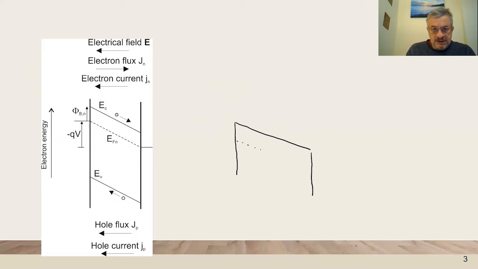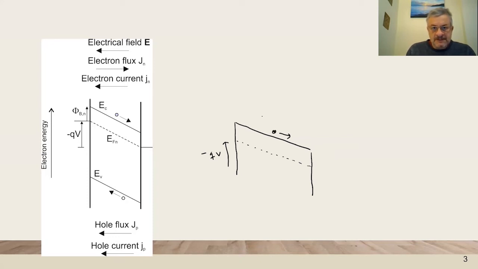So this is the situation by applying a negative bias to the left. And now we're going to have the electrons going downward in energy.